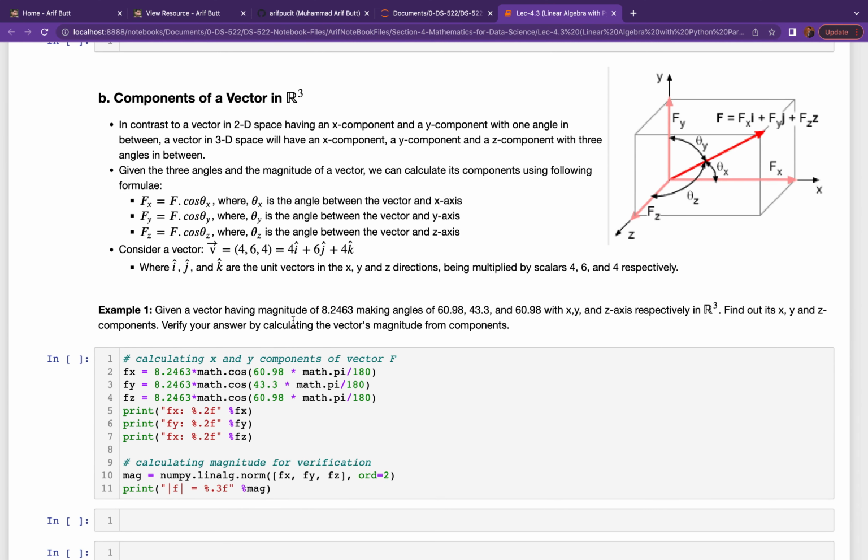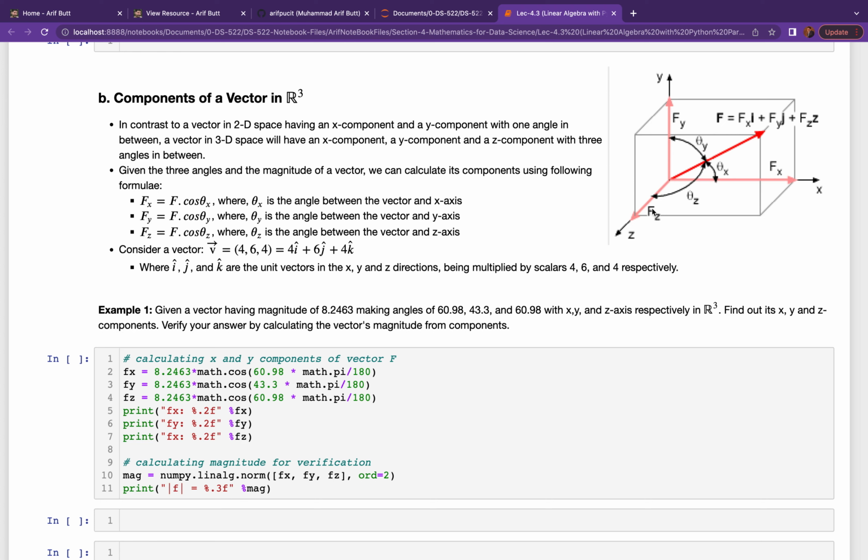Okay, let me talk about the components of vector in 3D space, x, y, and z component of a 3D vector. In this figure, consider this vector f in 3D space. My dear friends, the x, y, and z components are all perpendicular to each other, as I have said before as well.